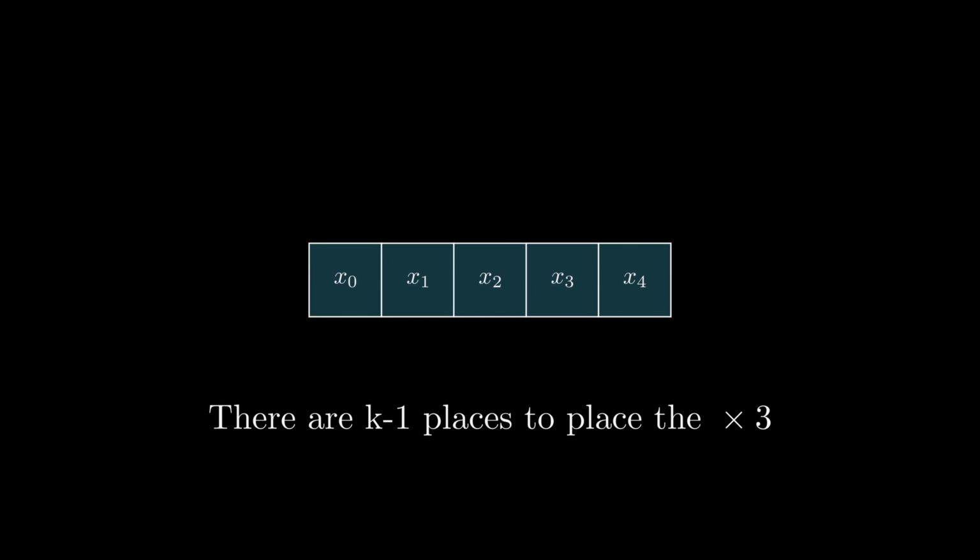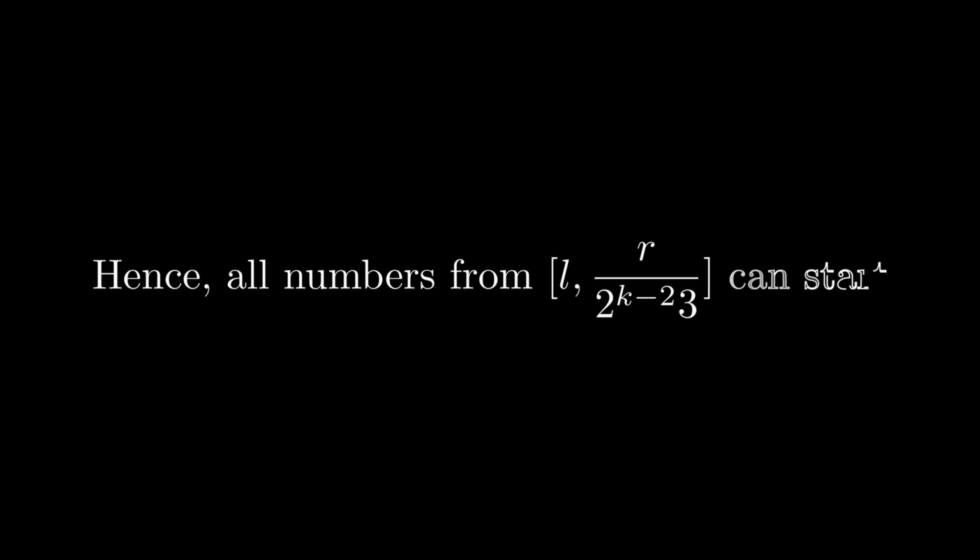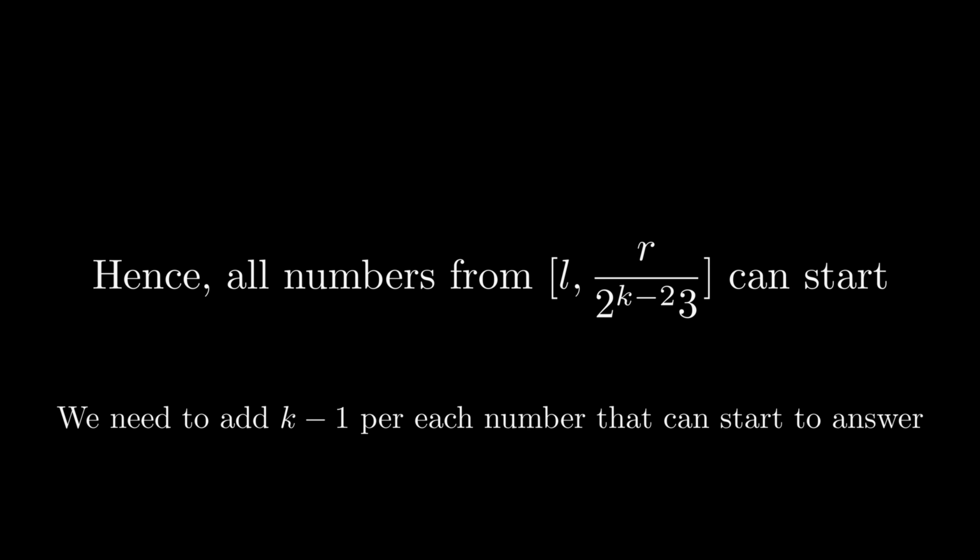So each starting value of this option will have k minus 1 different ways of constructing it. Now, we can check which starting values it can take by dividing R by 2 to the power of k minus 2 times 3, because that is the previous one, divided by 2 times 3, and multiplying the number of elements between L and this number by k minus 1 and adding to the answer.